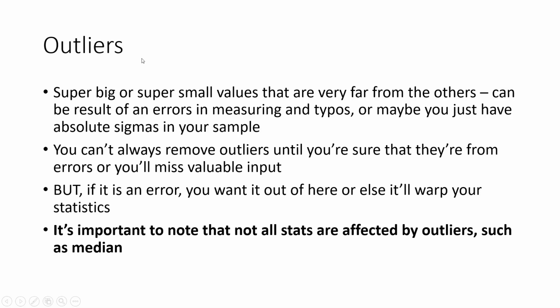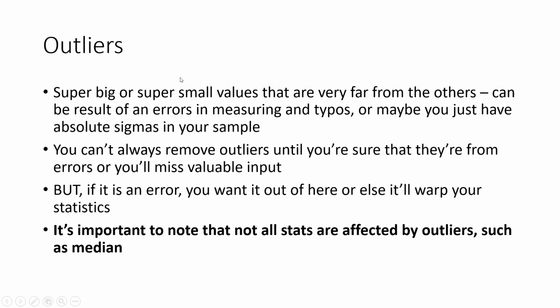Now, outliers. Outliers are really big or really small values that are really, really far from all of the other data that you collected. Now, this can be the result of errors while you are measuring, or it can be the result of just some typing error, or the fact that all of you are doctors and nobody can use their hand to write at all. But there is a chance that you just have absolute units that can defy all laws of physics.